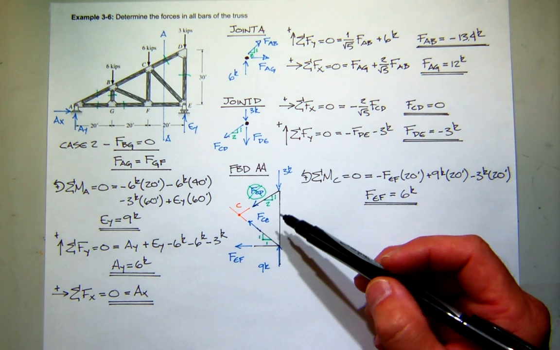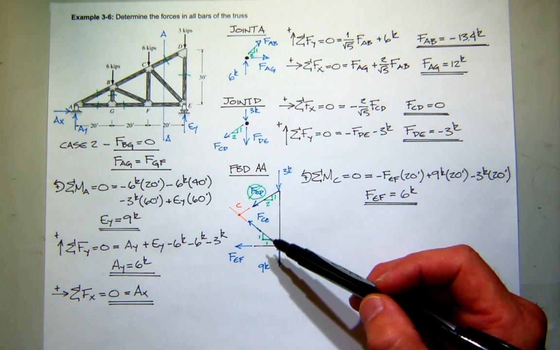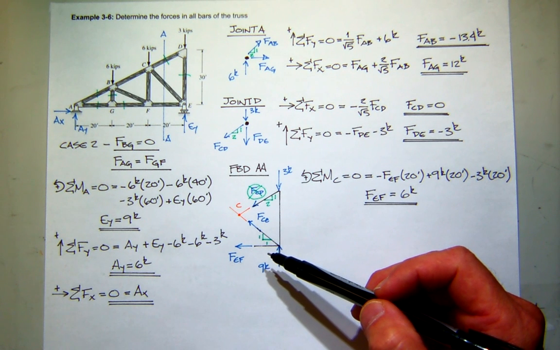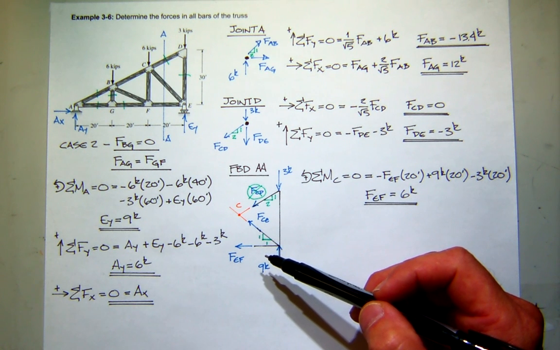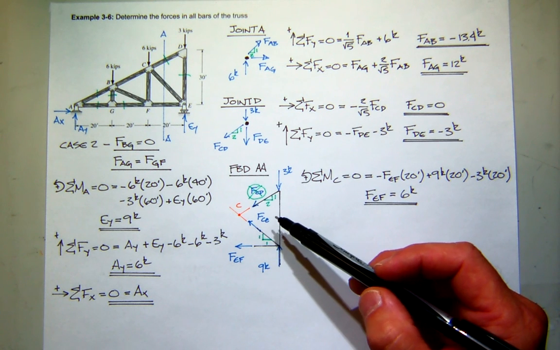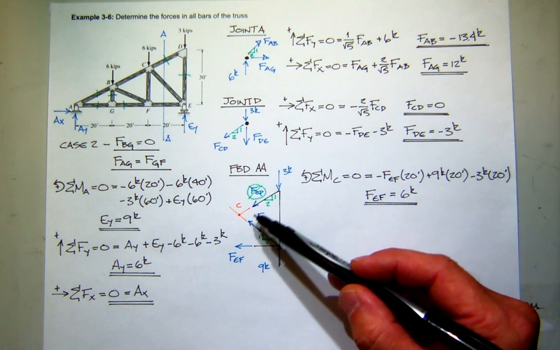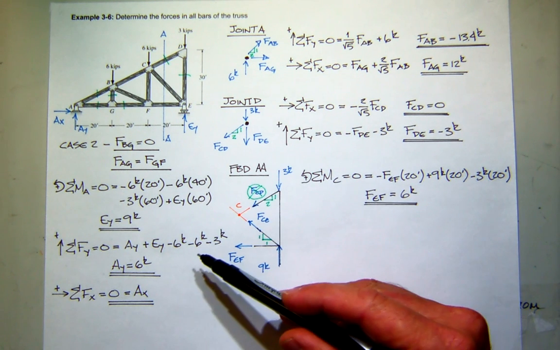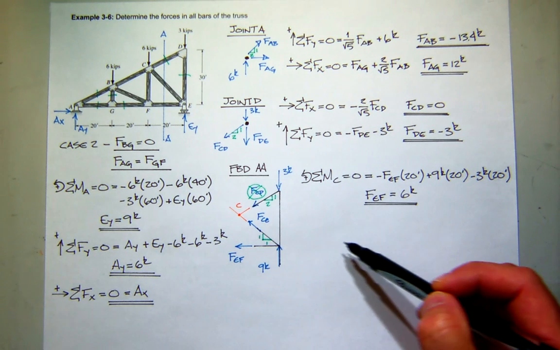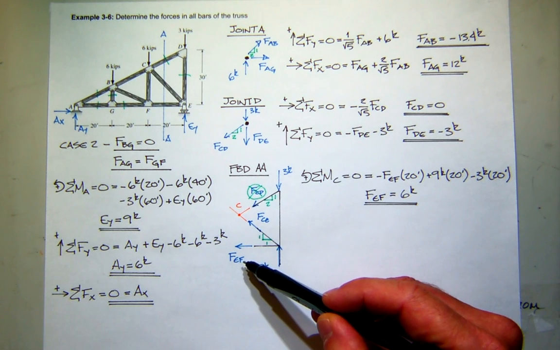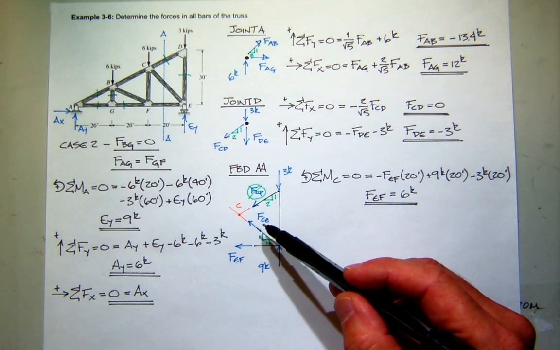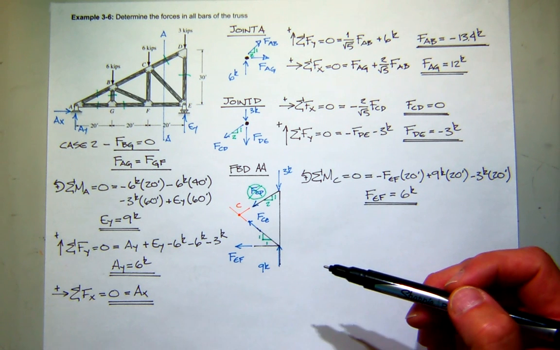Well, let's say that again. We're trying to get CE. So really, anything on this line of action that creates a moment that would eliminate EF and allow me to calculate this one, right? What about F?